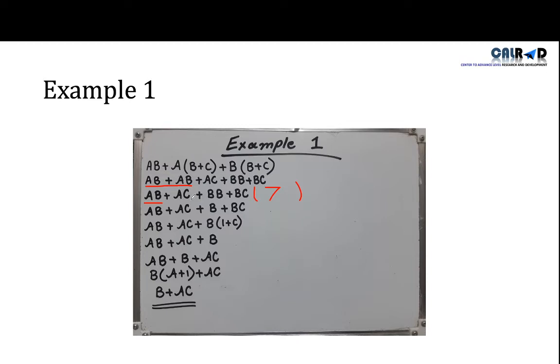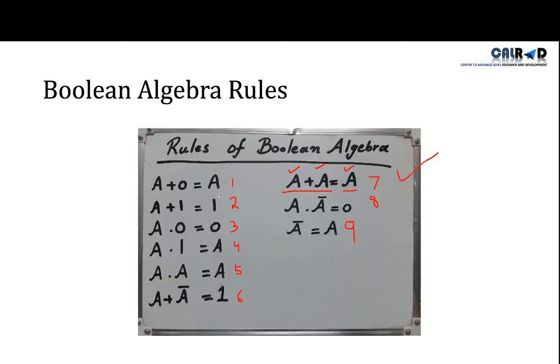Now we will move further. Now we have the equation AB plus AC plus BB plus BC. Now the awkward thing which we can see is this BB. So let's see if two similar things are in multiplication with each other, is there any law?